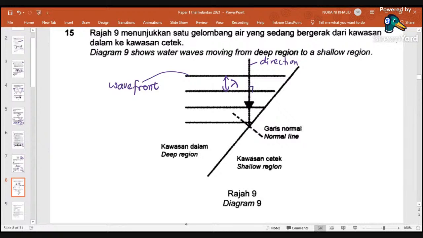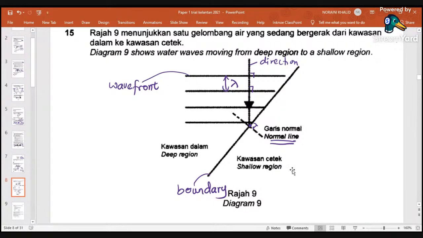So remember, wavefront and direction are always 90 degrees. This line that separates deep and shallow, we call the boundary line. At the point of incidence here, we draw a line 90 degrees to the boundary. We call it the normal line.